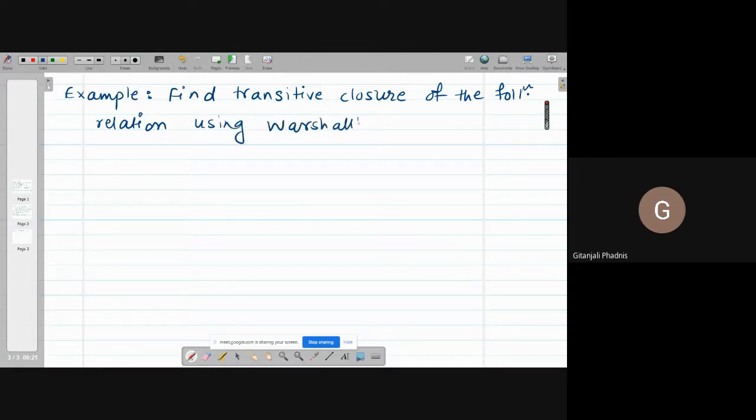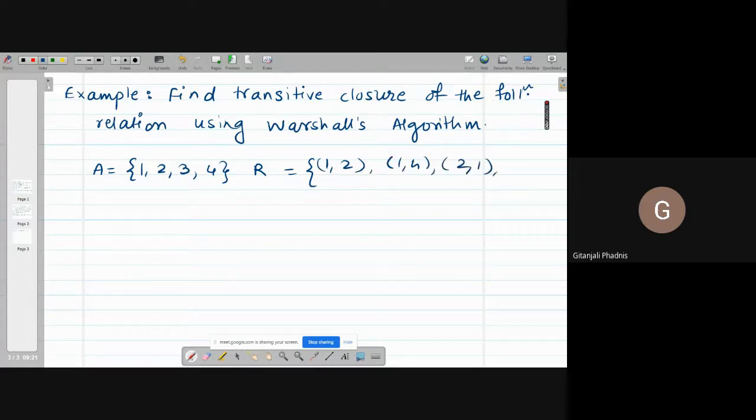So you will remember the name, girls. So A is {1, 2, 3, 4}, and R is equal to {(1,2), (1,4), (2,1), (2,3), (3,3), (4,4)}.